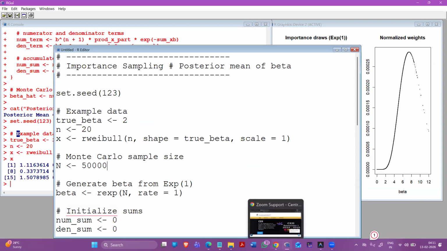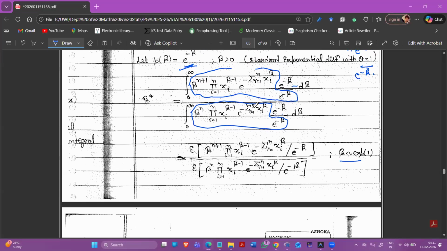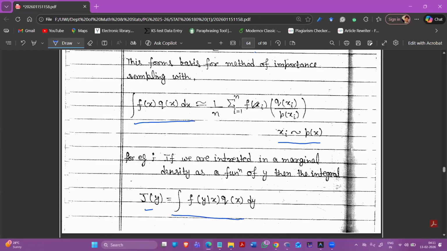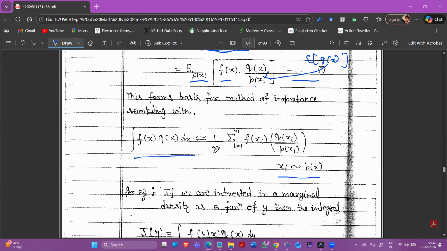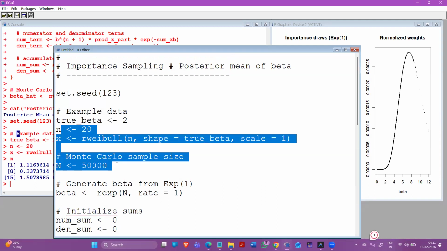Because in this formula, it was 1 upon n, summation i goes from 1 to n, meaning how many times I am going to do the repetition, the Monte Carlo repetition. So this n is 50,000. That n that I am writing here is different. This n is different.